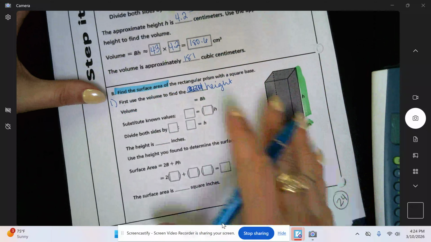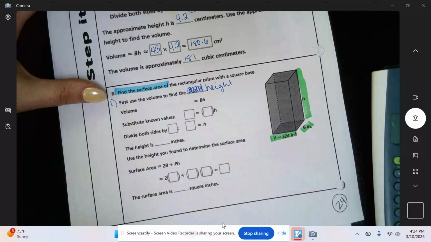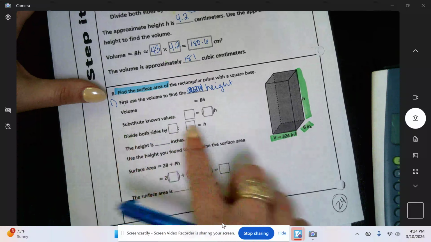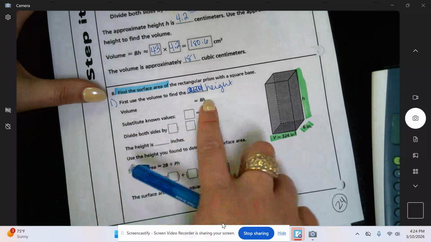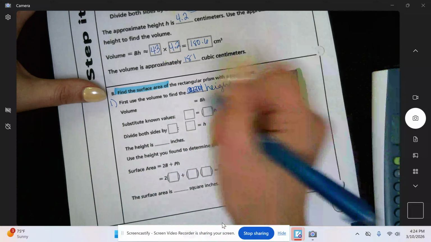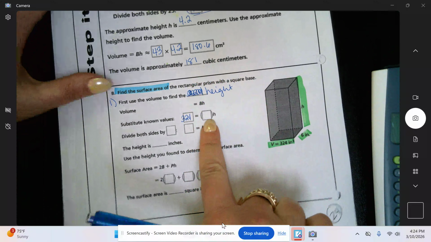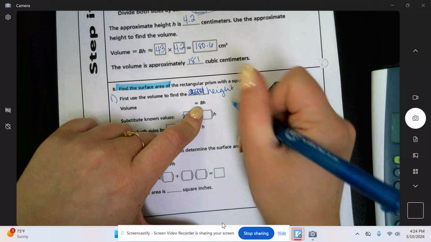Alright, and I don't really like being conformed or put into these boxes, but it is what it is. Alright, so we're going to take the original formula and we're going to plug in the pieces that we know. We know that the volume is 324. We can find the area of the base because B stands for area of the base.